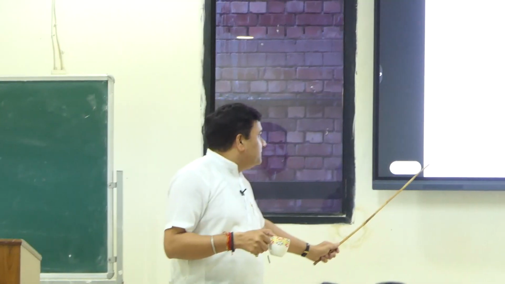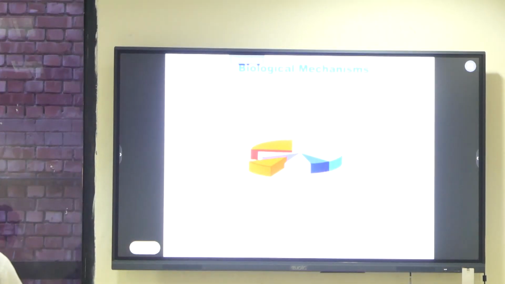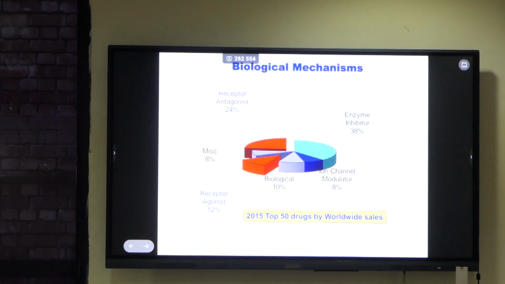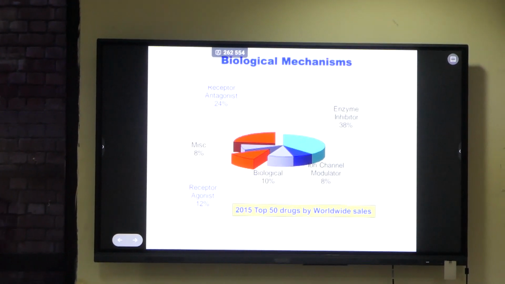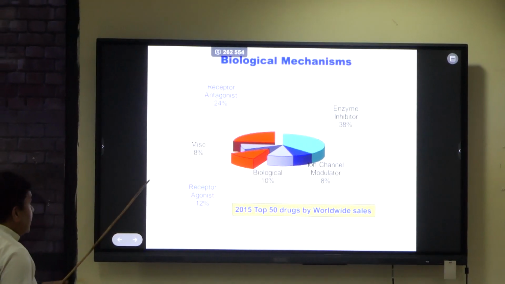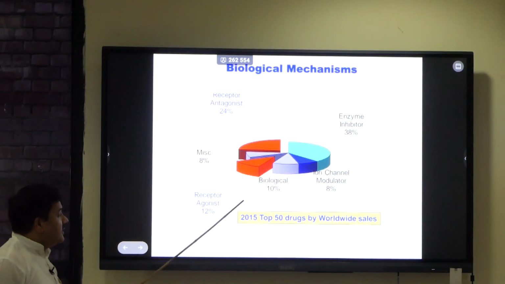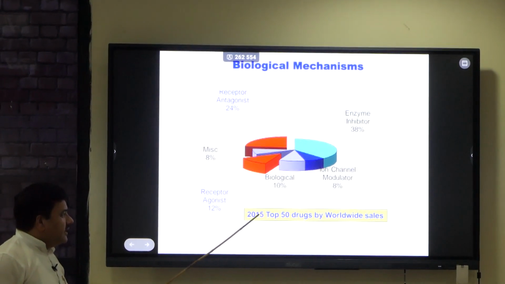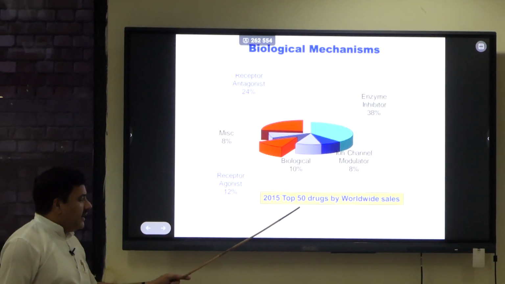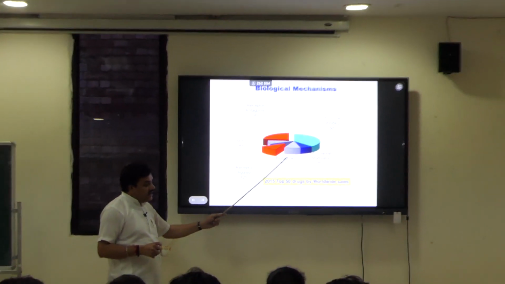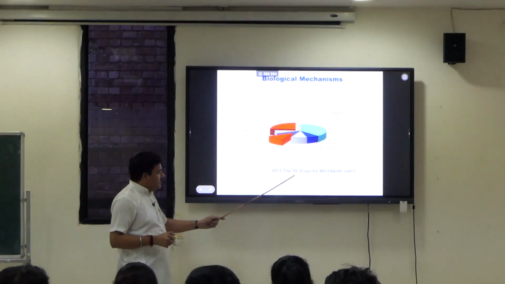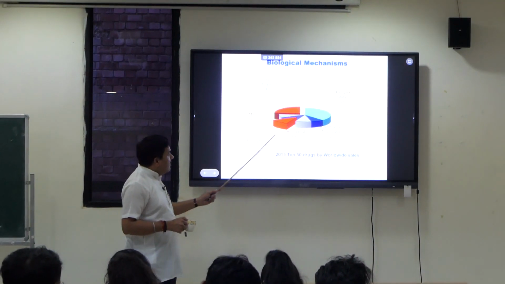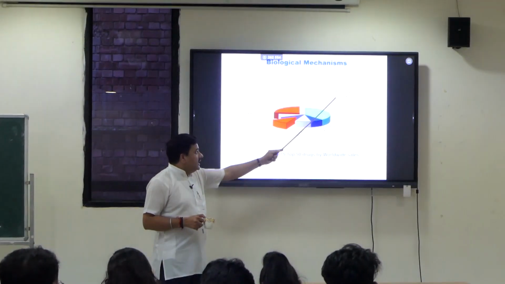Now next is the biological mechanism: how the drug actually acts. There are many targets in the biological system, you might be aware of this. There are receptor antagonists, and this is a bit old data, almost 10 years back. The top 50 drugs worldwide were compiled, and it was very clear that most of the drugs are enzyme inhibitors.